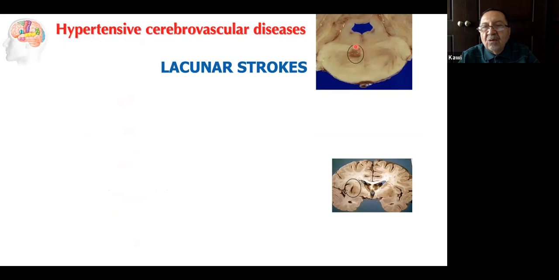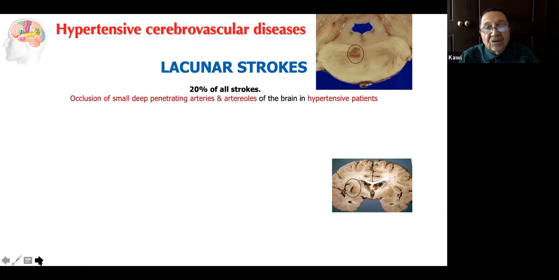They are called lacunar because on brain cutting, we see them as small fluid-filled areas that people thought looked like a small lake. Another form of hypertensive lesions is, of course, 20% of all strokes are lacunar. They either affect the posterior fossa or affect the basal ganglia and the internal capsule and cause hemiplegia.